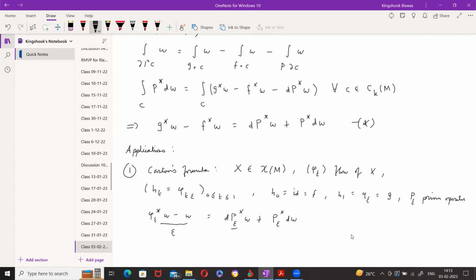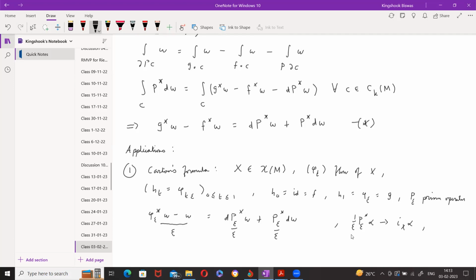And then I use the fact that P_epsilon star of any form alpha, times 1 over epsilon, converges to the interior contraction I_X alpha, right?